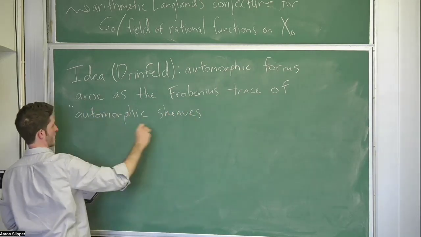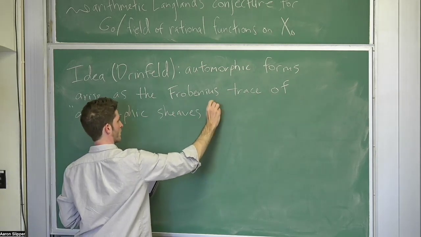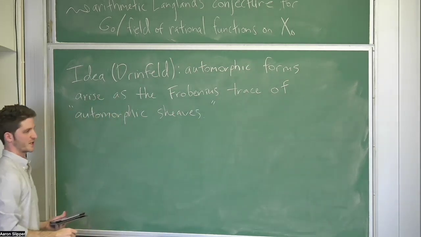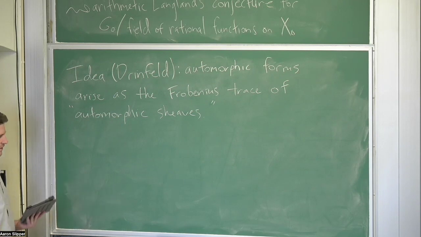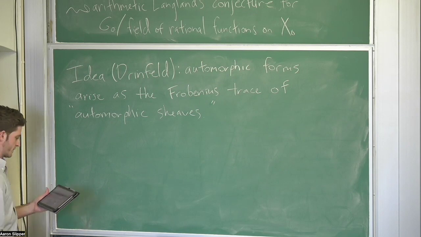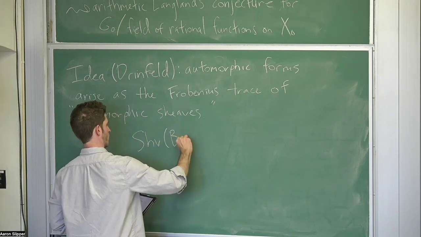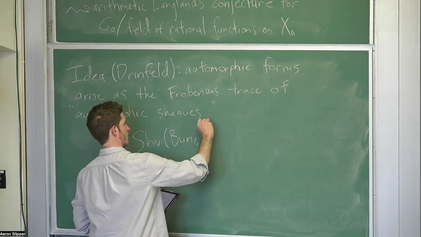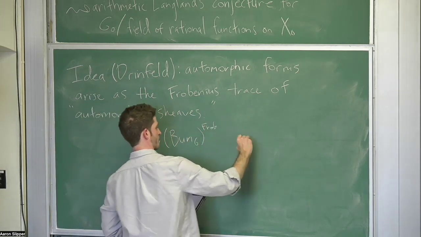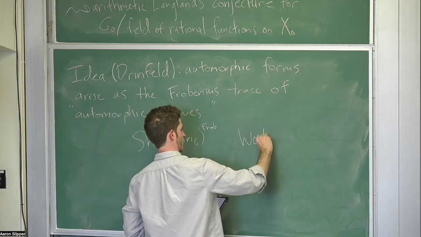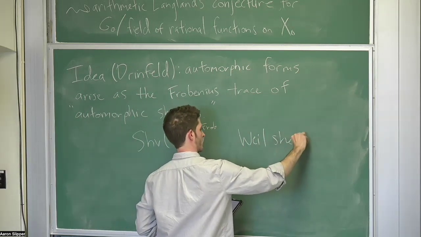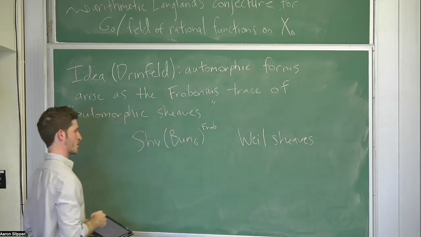Automorphic sheaves, meaning whatever objects appear on the automorphic side of this Étale geometric Langlands equivalence, so there'll be some kind of sheaves on Bun_G, probably with a Frobenius structure, right? So something like these sheaves on Bun_G. These are the types of things that we can take the Frobenius trace of.